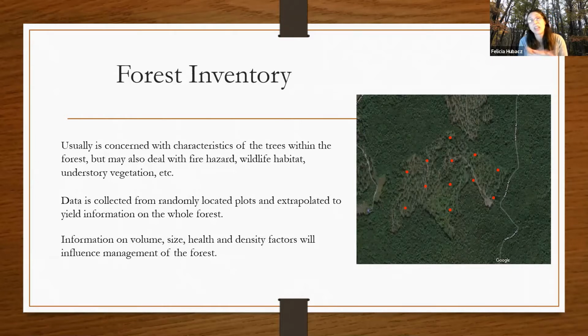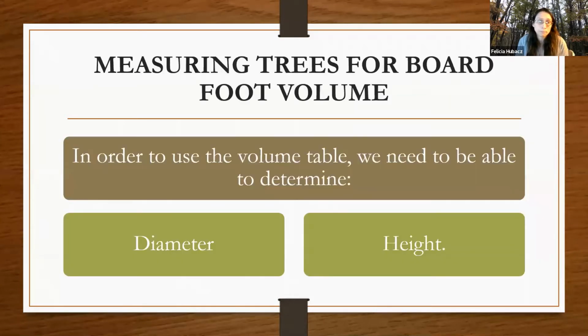So that's another thing that I can go on and on and on with the forest measurements with all the different things that go into it. But quite honestly, we're only going to be talking about 2 today. So we're going to talk about measuring trees for board foot volume and actually for everything else. These are the 2 main basic measurements that you need, and you can use these for pretty much anything.